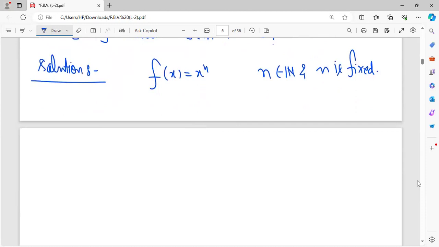Now you see that f is a monotonically increasing function.